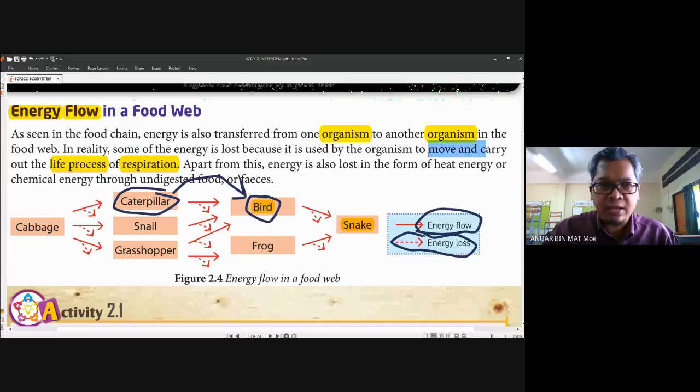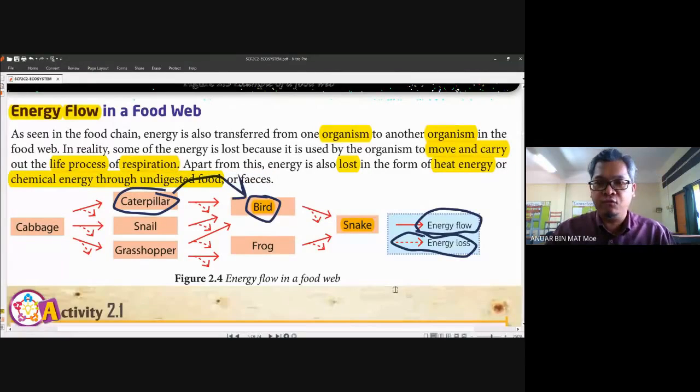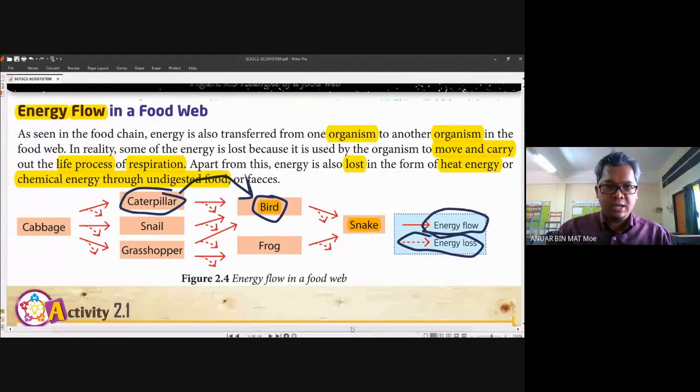Carry out the life process. I already said about this. And then also lost in the form of heat energy or chemical energy through undigested food. That's why there is a loss of energy in the energy flow.